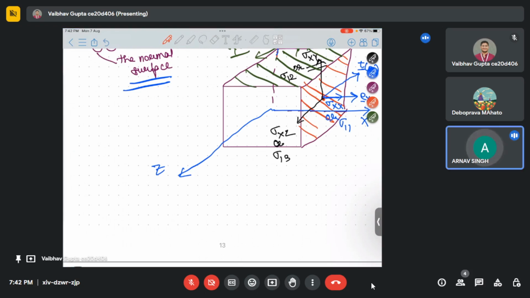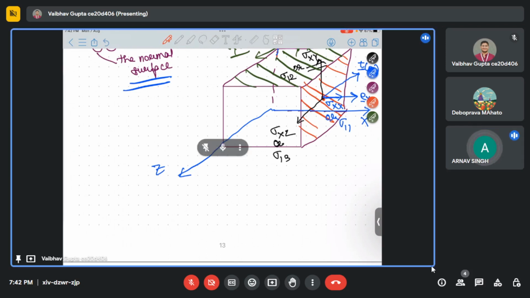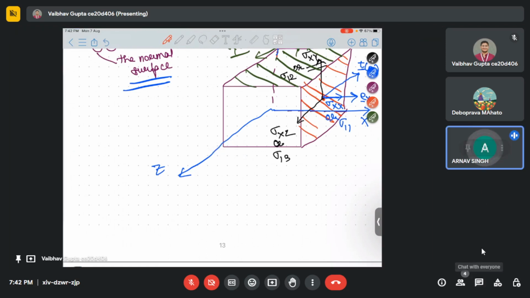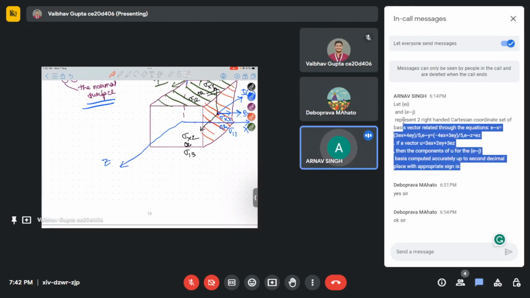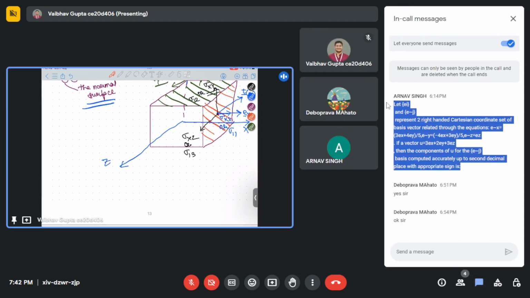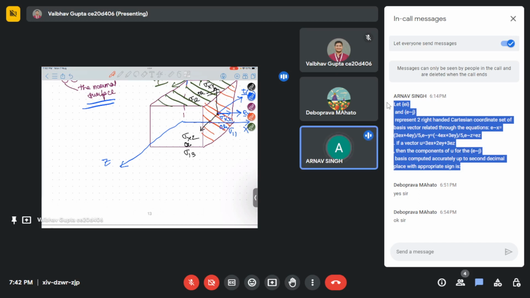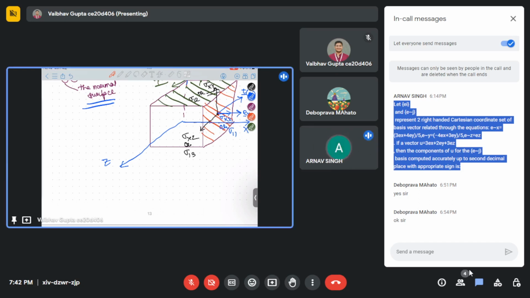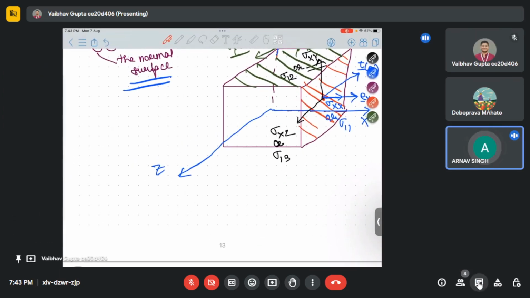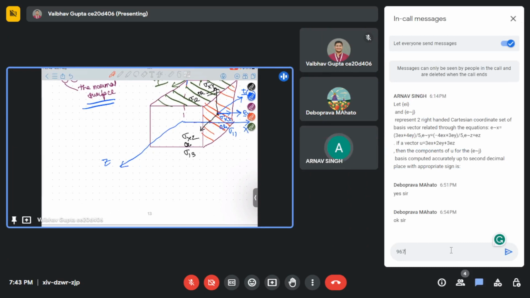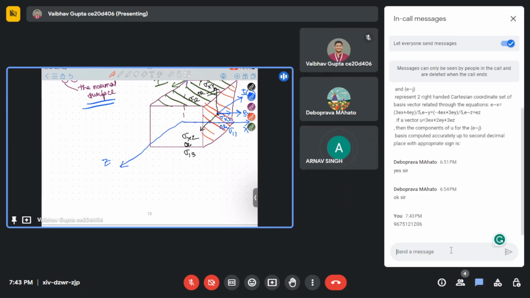You were asking about the question I put in the chat box, where to upload it. The discussion forum is the best place to put the question, because other faculty will also be there. I have already asked that question, I just wanted to ask about the method. You have my WhatsApp number; just note it down, Mahato, you can also note it down.